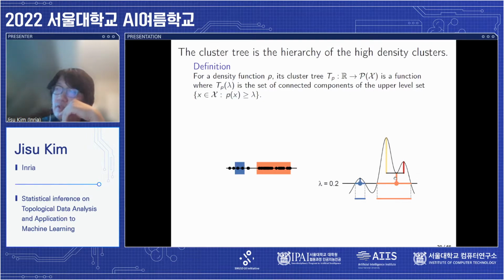When you repeat this, the points corresponding to the connected components, when you collect them, will have the structure of a tree, because the individual points correspond to the connected components, and the connected components have inclusion relations. So when you visualize that, you will see a structure that looks like a tree, like this.